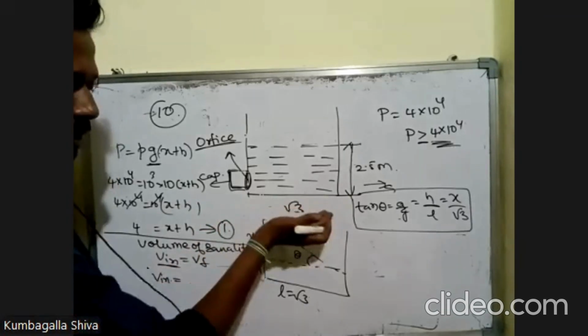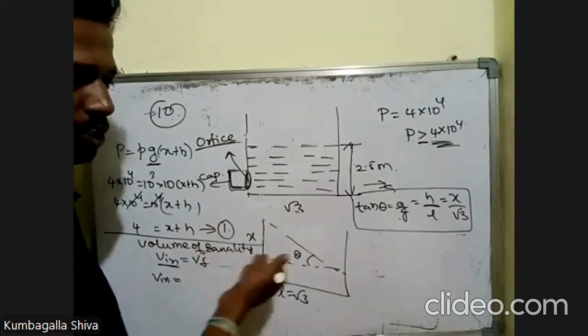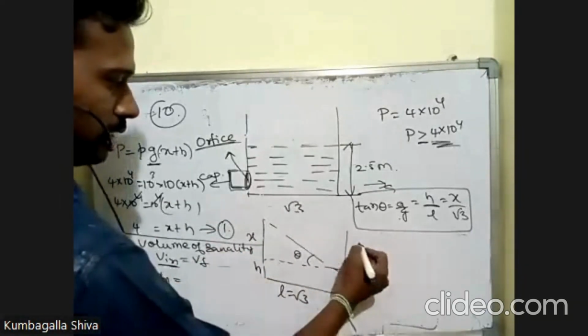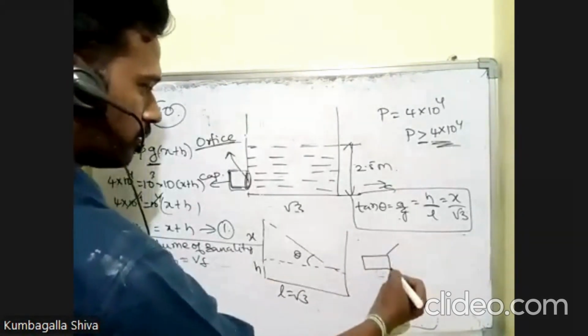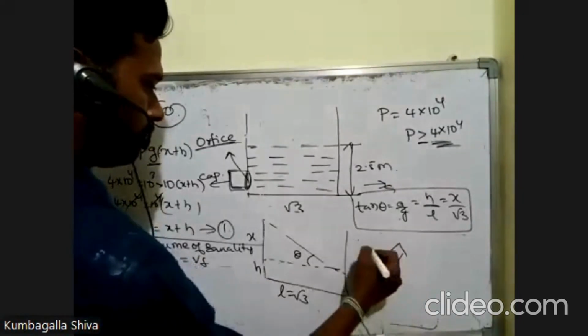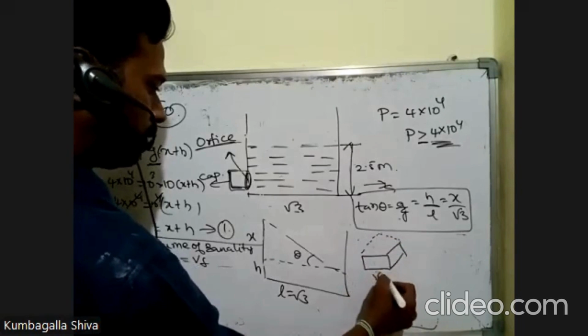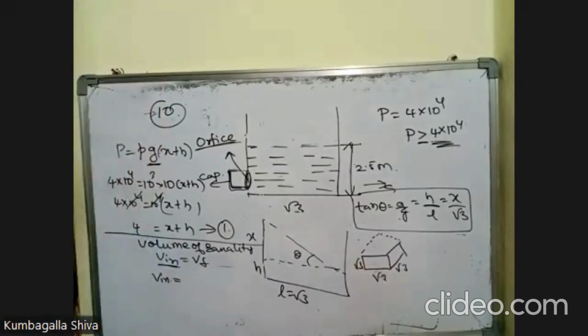You see the base length is root 3, in the form of a square shape. A square shape generally looks like this, a cuboid, root 3 and root 3, and the height is also root 3. Like this, all sides are equal, right?